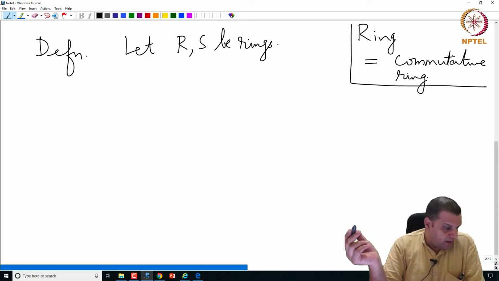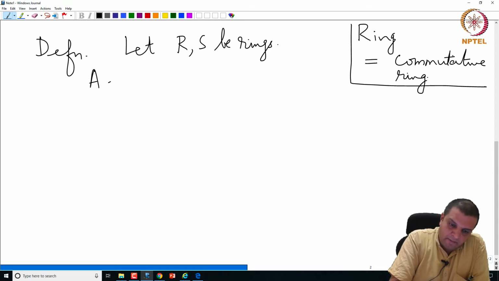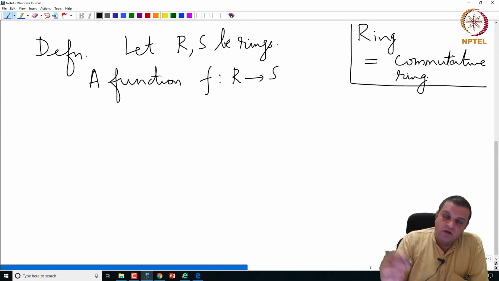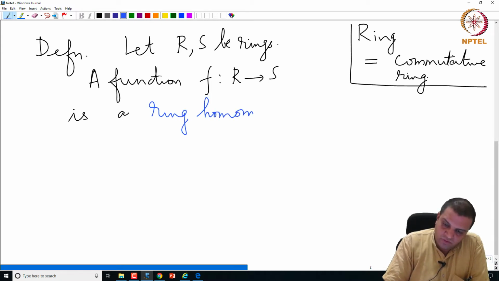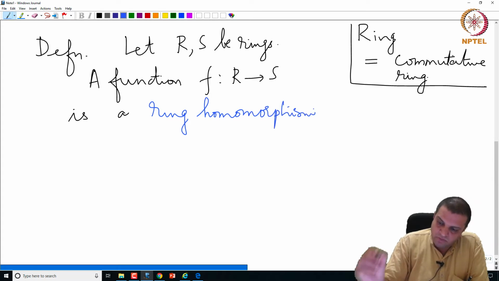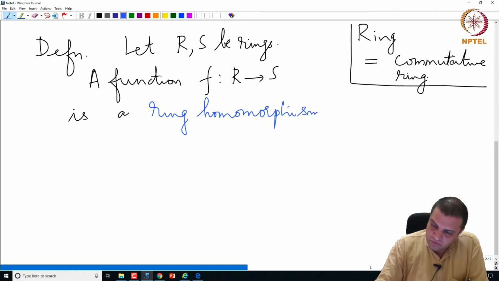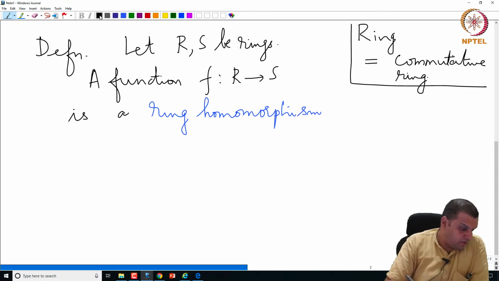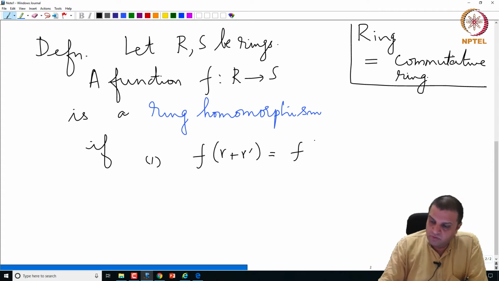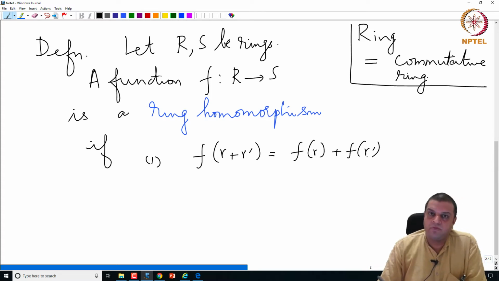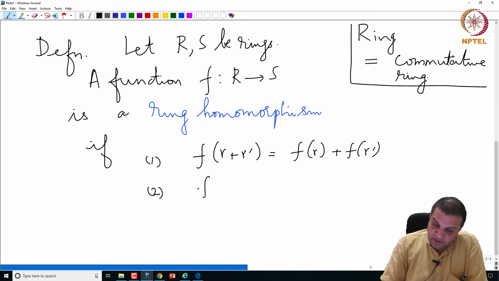So let R and S be rings, and a function f from R to S is a ring homomorphism if it satisfies the following properties. 1. f respects addition. 2. f respects multiplication.